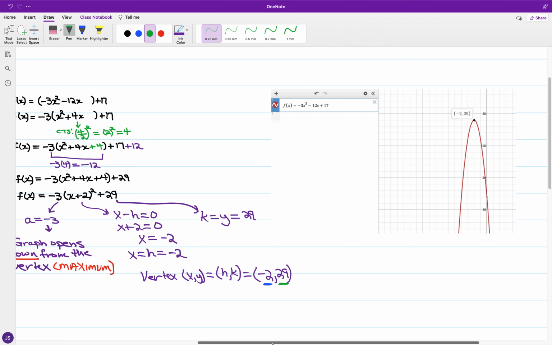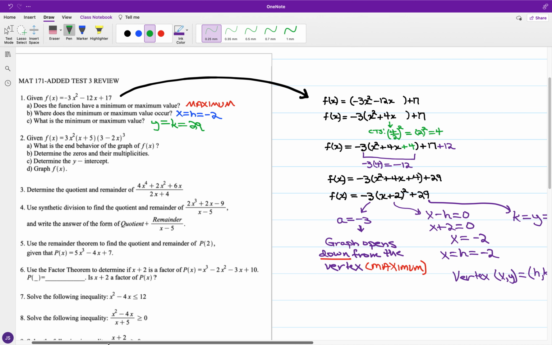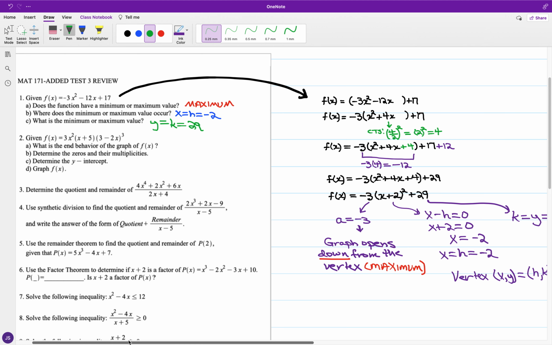All right, now for the next item, we're looking at end behavior.